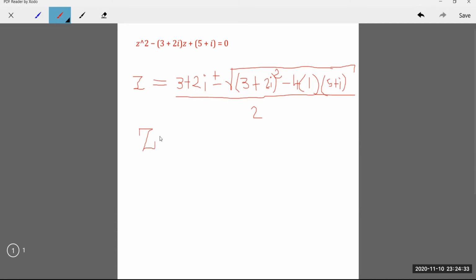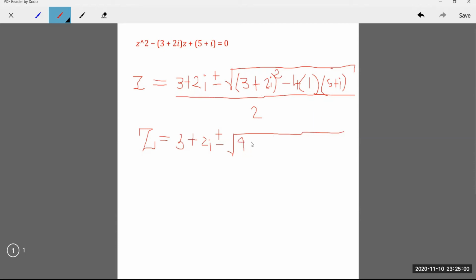So z is equal to 3 plus 2i, plus or minus. Now we're going to simplify under the square root. To do that, we expand the square part first. 3 squared is 9.